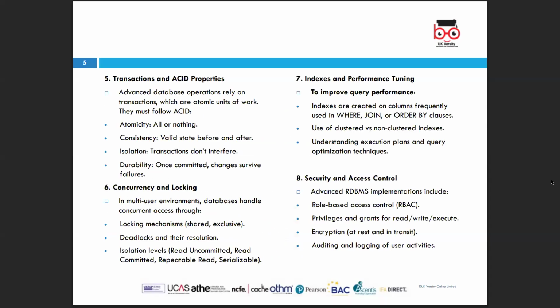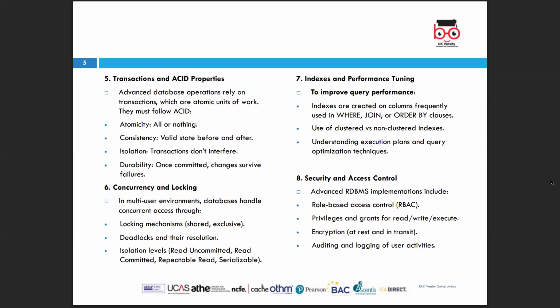Also, we'll look into transactions and ACID properties, where advanced database operations rely on transactions, which are atomic units of work. Atomicity means all or nothing. Consistency means a valid state before and after.